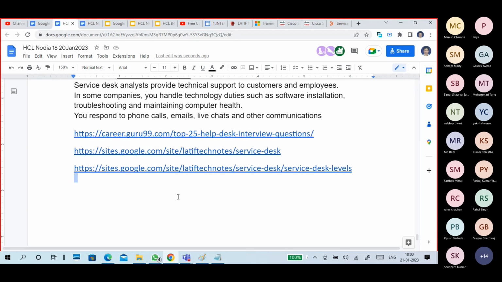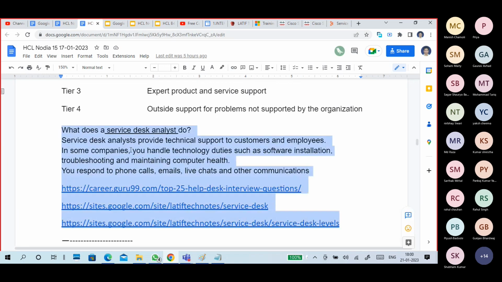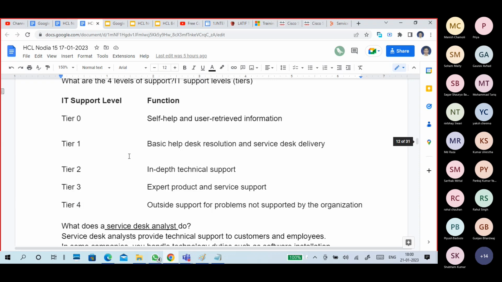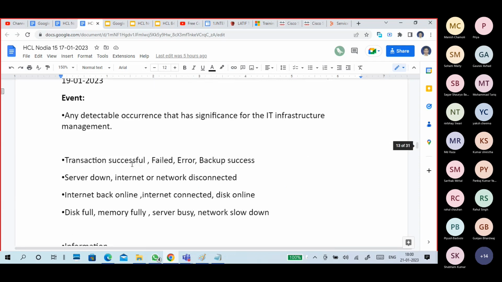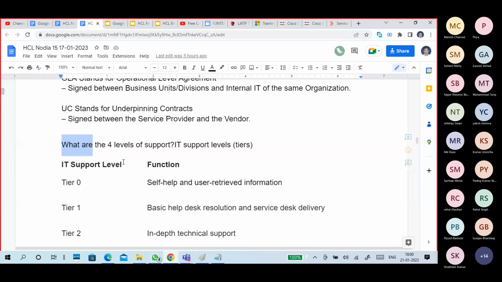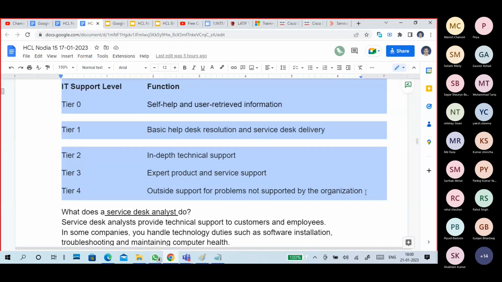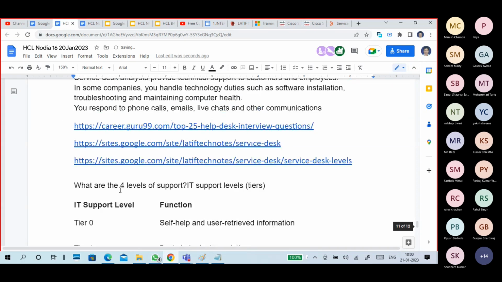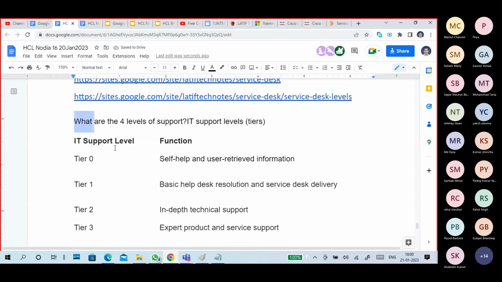Another thing, service desk levels are also there. Guys, the service desk has different levels. Okay, it is called support levels.